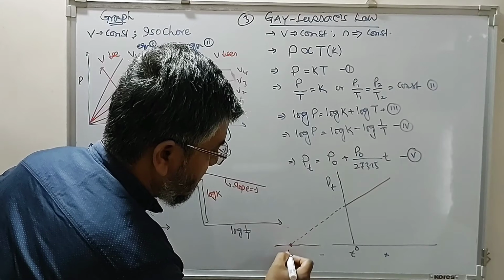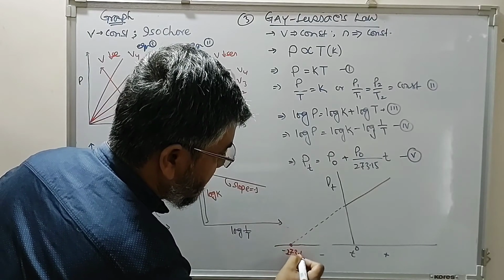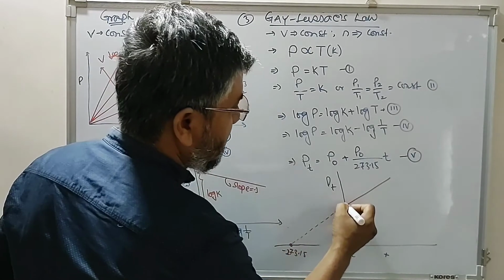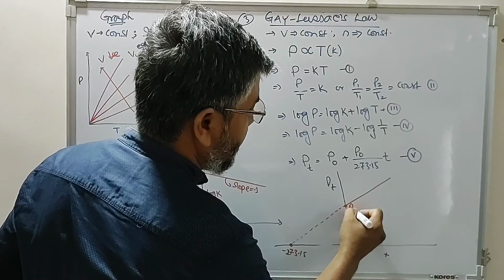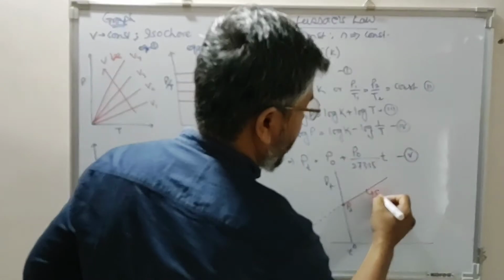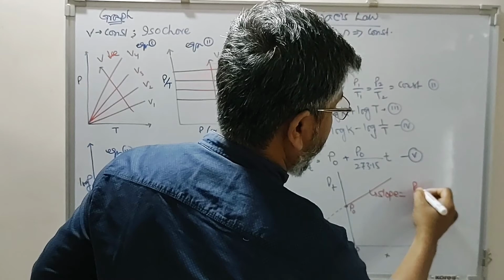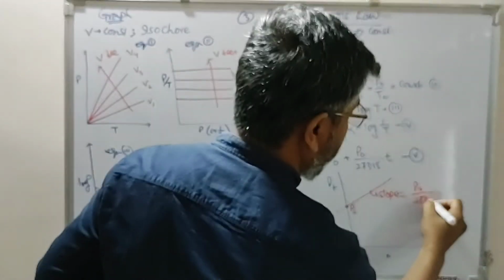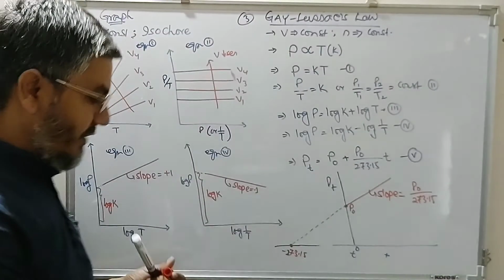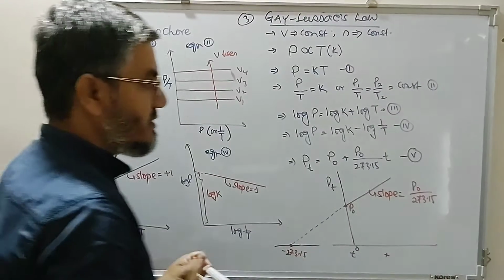This is minus 273.15 degree centigrade. This is P naught. The slope is P naught by 273.15. So this represents equation 5.